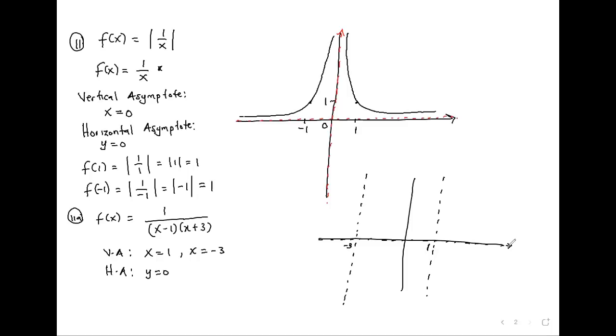So when x is bigger than 1, say x is 2, f of 2 is 1 over 5, which is up here. When x is 0, in between there, we get 1 over -3. So down here.